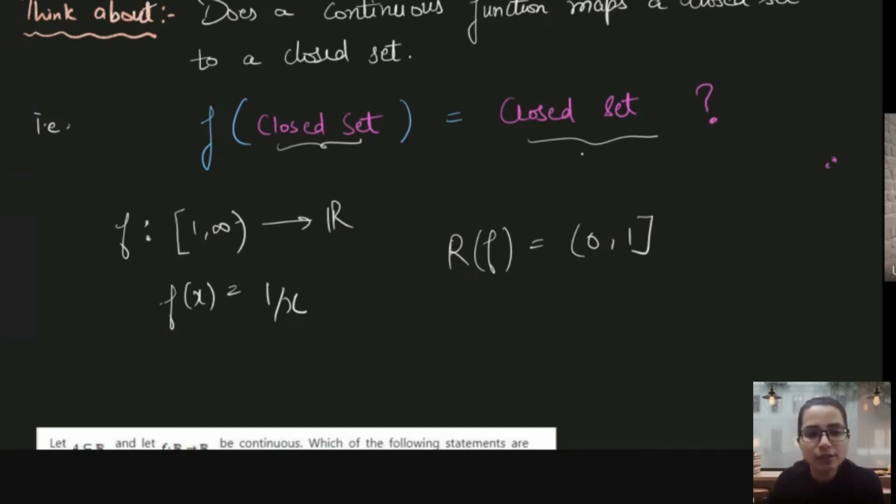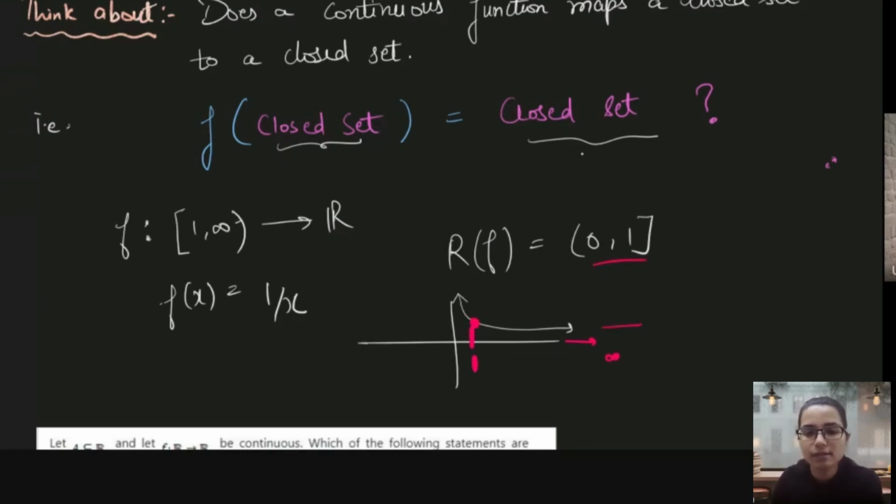See, you have a domain from 1 to open infinity. So whenever you try to draw the graph of this function from closed 1 to infinity, it will be like this. 1 will be here and it will go up to infinity. So you'll have from 1 up to open 0.